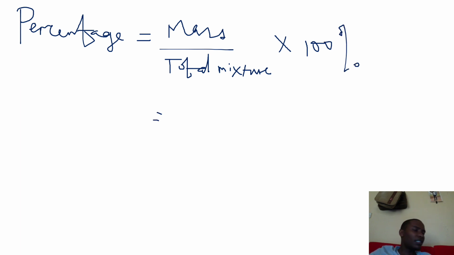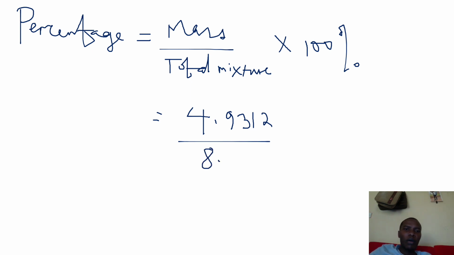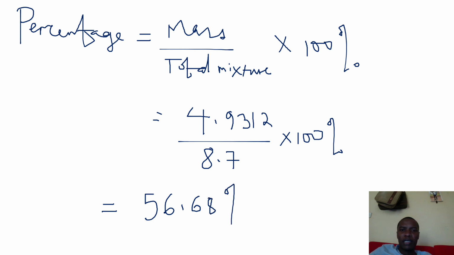So this is going to be giving us 4.9312. Of course, you can maintain the decimal places as 2, so as 8.7, then you multiply this one by 100, and you'll be able to get your final answer as 56.68%. If there is any error, you can always correct it freely.